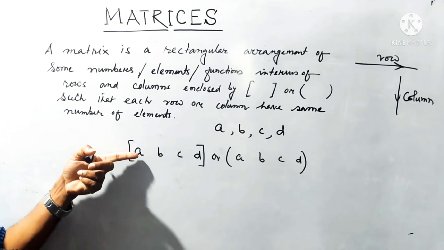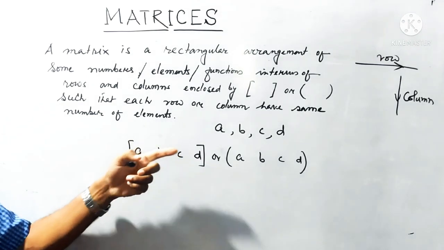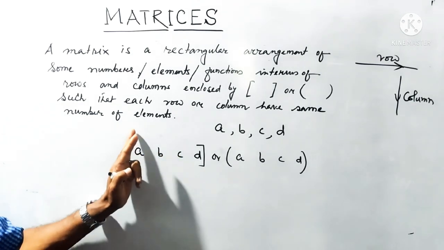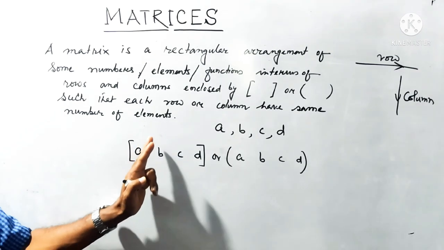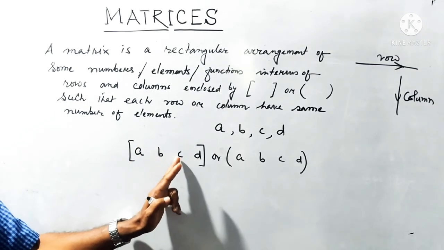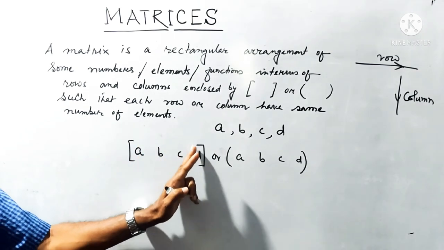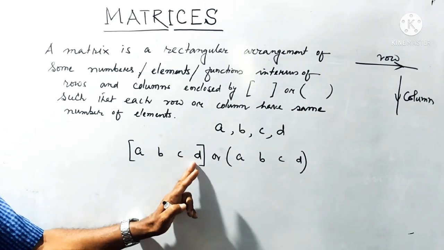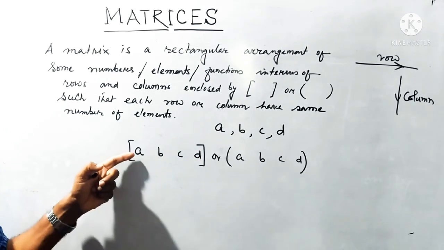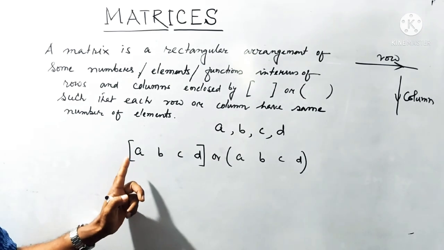Here you see there is only one row and there are 4 columns, because A is in the first column, B is in the second column, C is in the third column, and D is in the fourth column. So in this arrangement there is only one row and 4 columns.